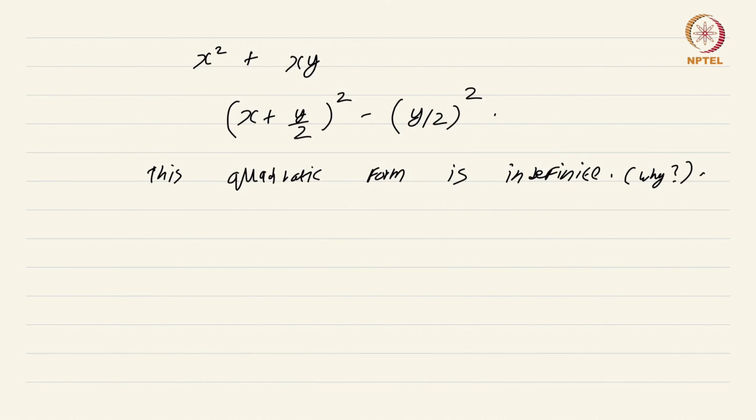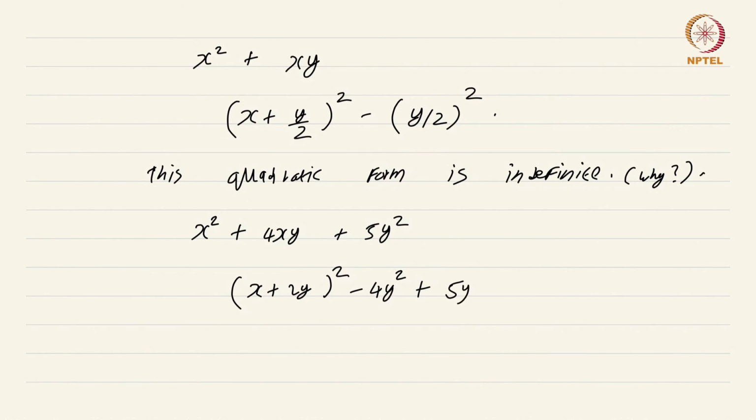Another example: look at the quadratic form x squared plus 4xy plus 5y squared. This is even easier. You just complete the squares, you will get x plus 2y the whole squared minus 4y squared plus 5y squared, which is x plus 2y the whole squared plus y squared, and this is positive definite.